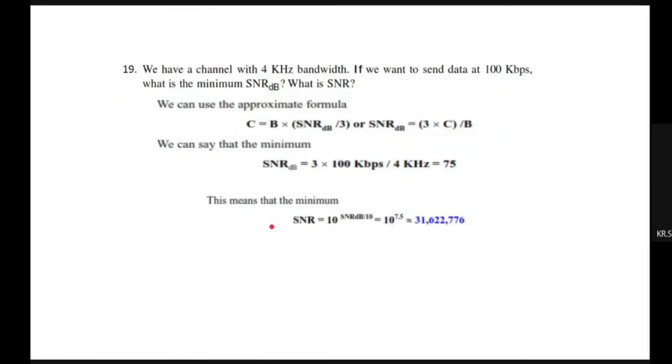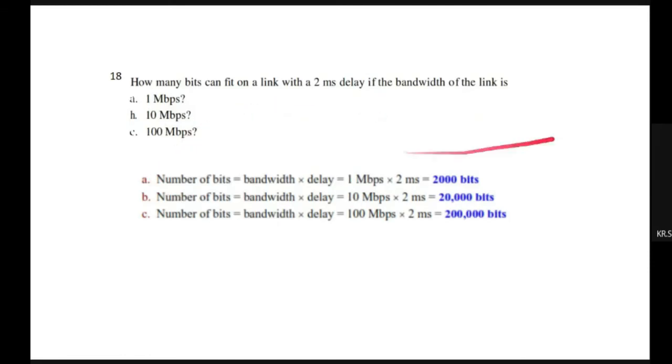The next question: how many bits can fit on a link with 2 ms delay if the link bandwidth is 1 Mbps, 10 Mbps, and 100 Mbps?